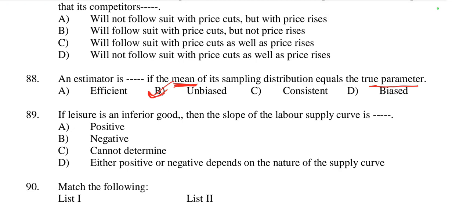An estimator is unbiased if the mean of the sampling distribution is equal to its true parameter, because this means that on average the estimator will produce the correct value of the parameter being estimated. So here the right option is option B.